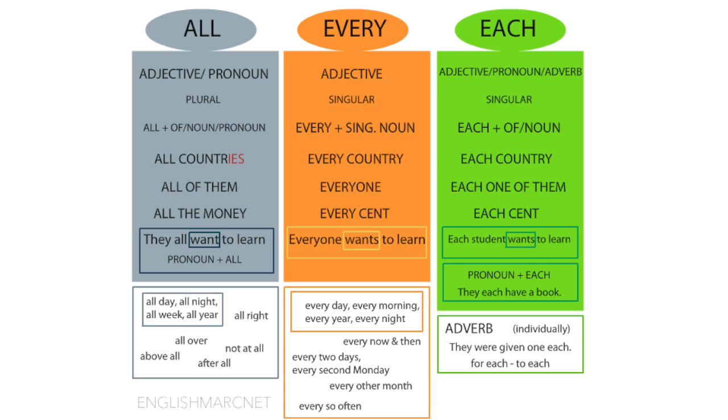Expressions that we use with every: every day, every morning, every year, every night. And then we can say every now and then. So every now and then I go to the gym. So not that often, but every now and then I go to the gym. Every 2 days.